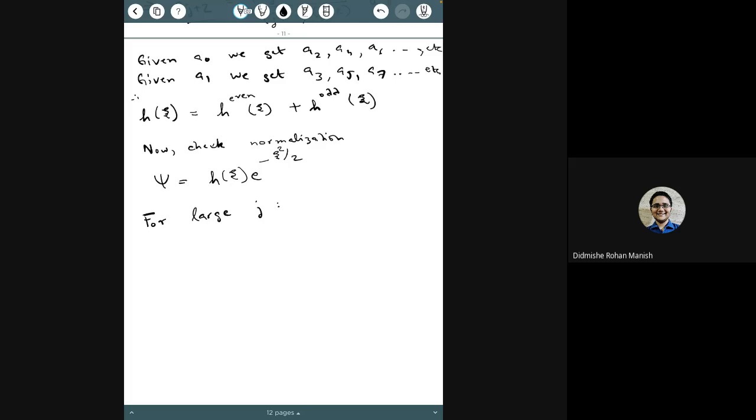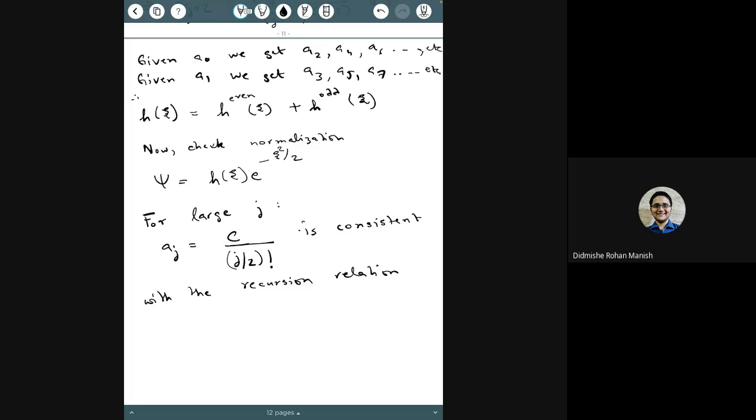So when j is very large, if I say that aj is some constant by j by 2 factorial, then this is consistent with the recursion relation.